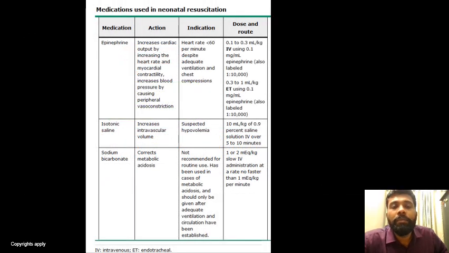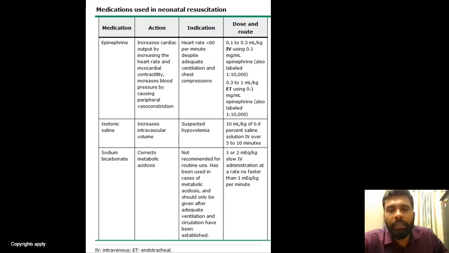And then these are the medications which we use in neonatal resuscitation: epinephrine, isotonic saline, and very rarely sodium bicarbonate also. What does adrenaline or epinephrine do? It increases the cardiac output by increasing the heart rate and myocardial contractility, and also increases BP by causing peripheral vasoconstriction. Indication is bradycardia less than 60 per minute despite adequate ventilation and chest compression.